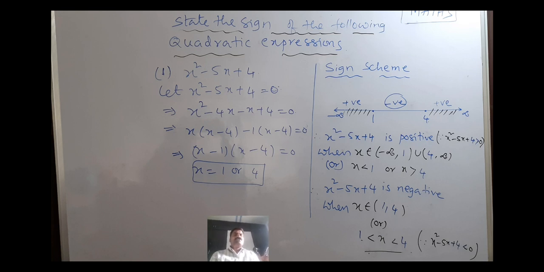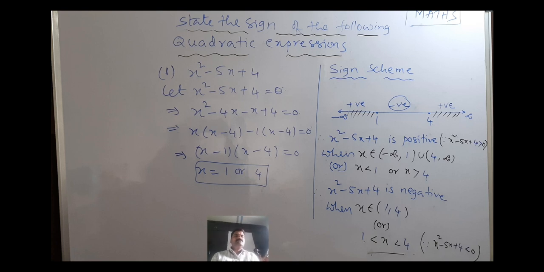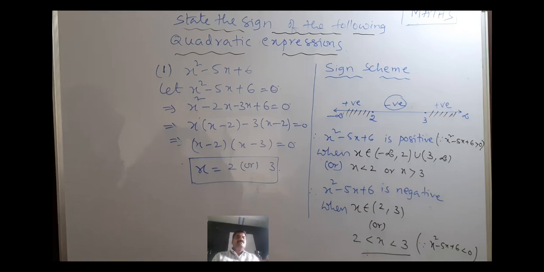Let us see one more question. Let us discuss the sign of the expression x square minus 5x plus 6. First of all, equate it to 0 and solve for the roots. Here the roots are 2 comma 3, and within these two, the smallest one is 2. On the real number line from minus infinity to plus infinity, the numbers must be located in ascending order, increasing order, so small to big.